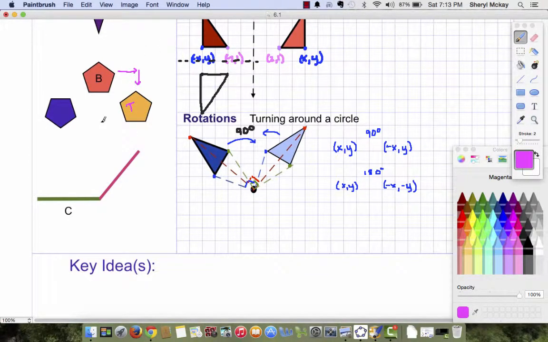Again, you could do two transformations. You could flip it and then slide it if you wanted. You could reflect it over this line right here so that now it's upside down, and then you could slide it, a translation, or you could rotate it.